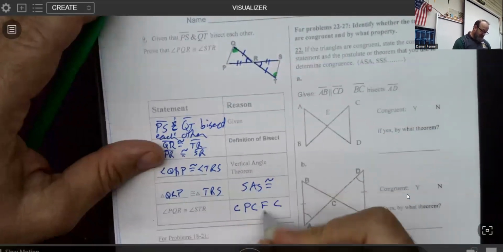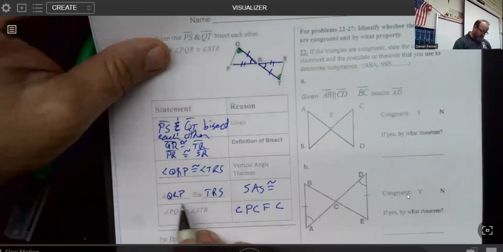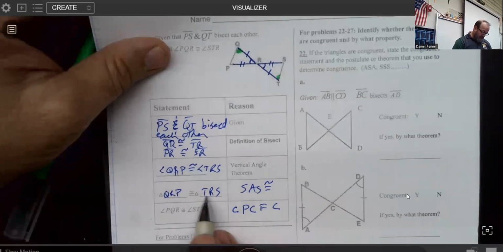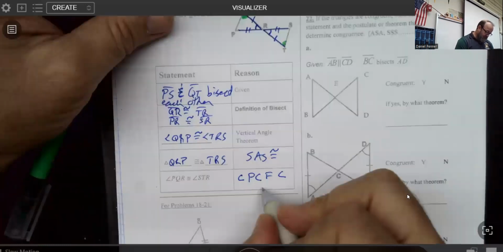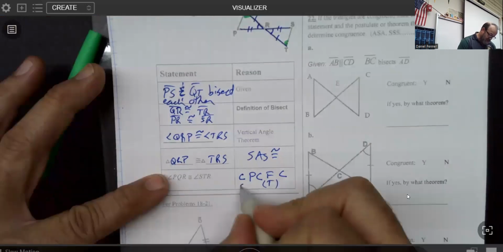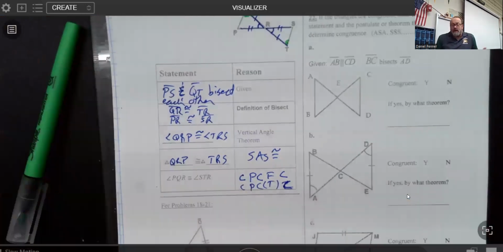Now, this is corresponding parts of congruent figures, and these are congruent figures. So the corresponding parts of those congruent figures are, in fact, congruent. Now, keep in mind, since it's a triangle, some people would use this instead. They would use CPCTC because it is specifically a triangle as opposed to a generalized figure.